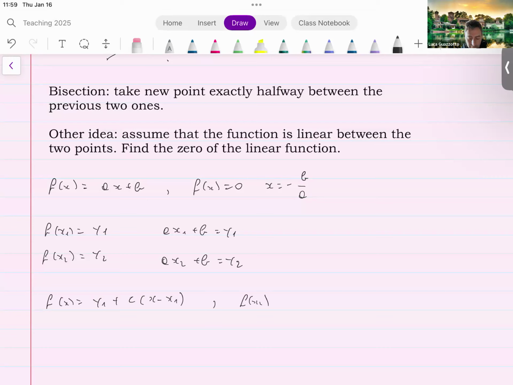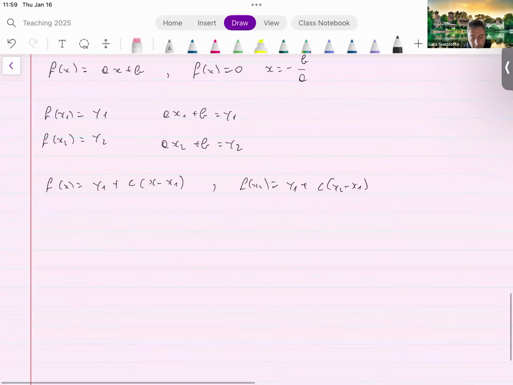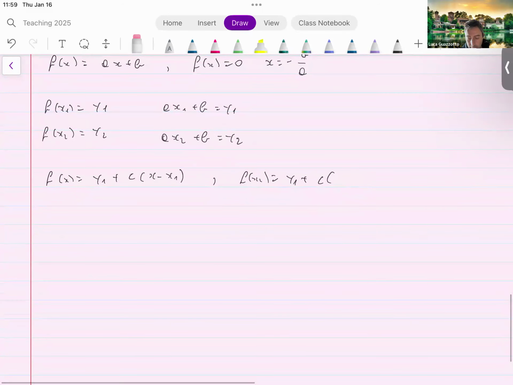So that f of x2 is equal to y1 plus c times x2 minus x1, and is equal to y2. So that c is equal to y2 minus y1 divided by x2 minus x1.